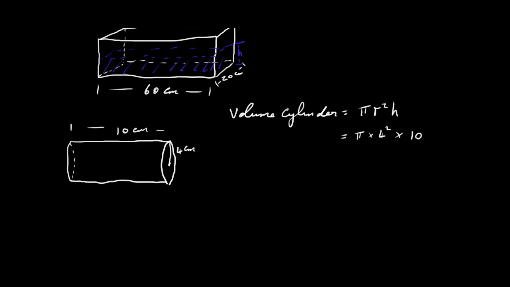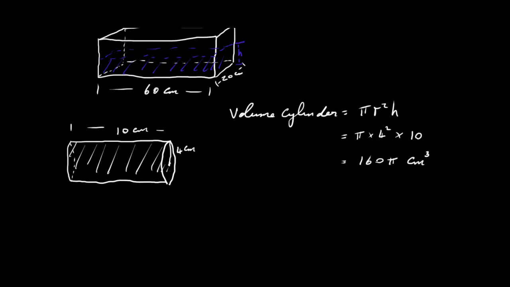So 4 squared is 16, and 16 times 10 is 160. We leave the pi as pi for the moment, and that's in centimeters cubed. So that's the volume of water in 10 centimeters of the pipe.